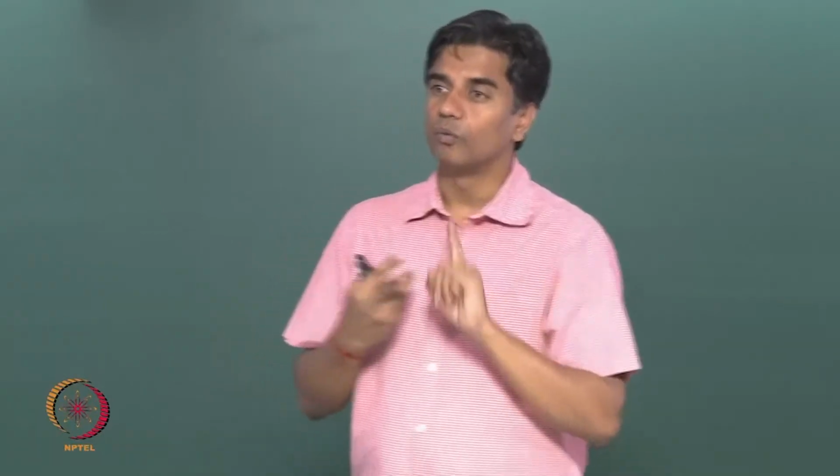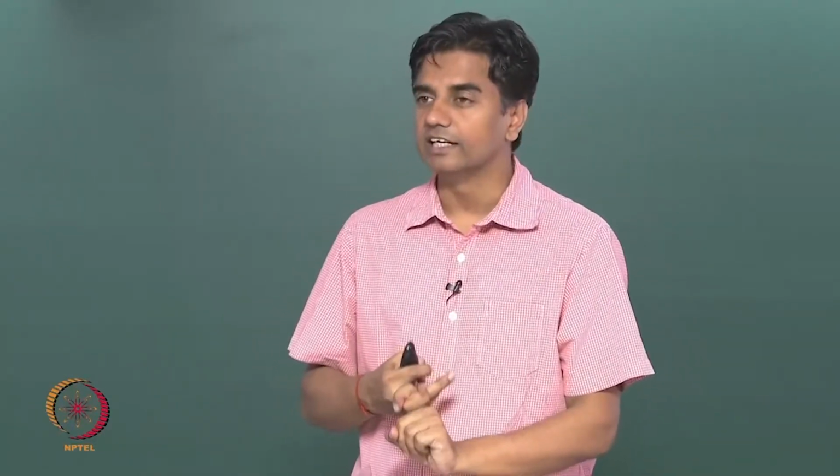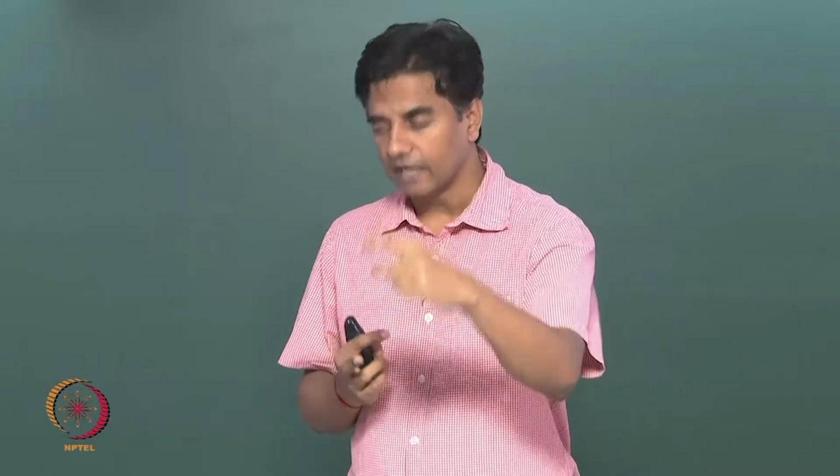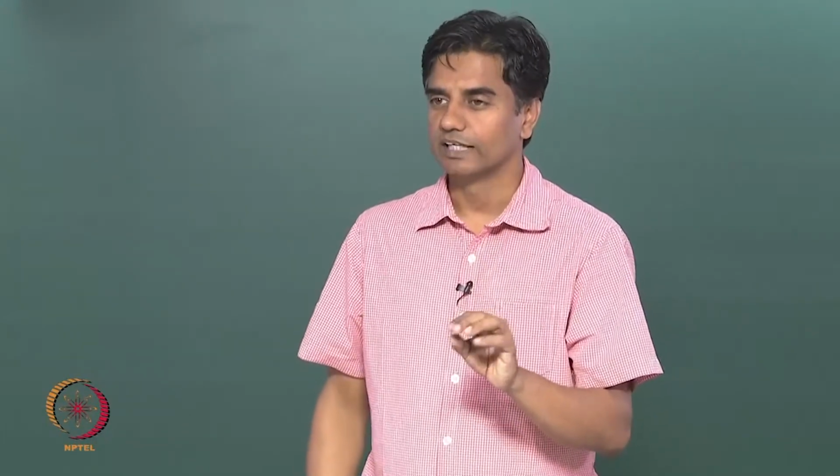However, what we observe categorically is that once an argument is assigned a thematic role, it keeps that thematic role, and one argument cannot be assigned more than one thematic role in a sentence at a time.